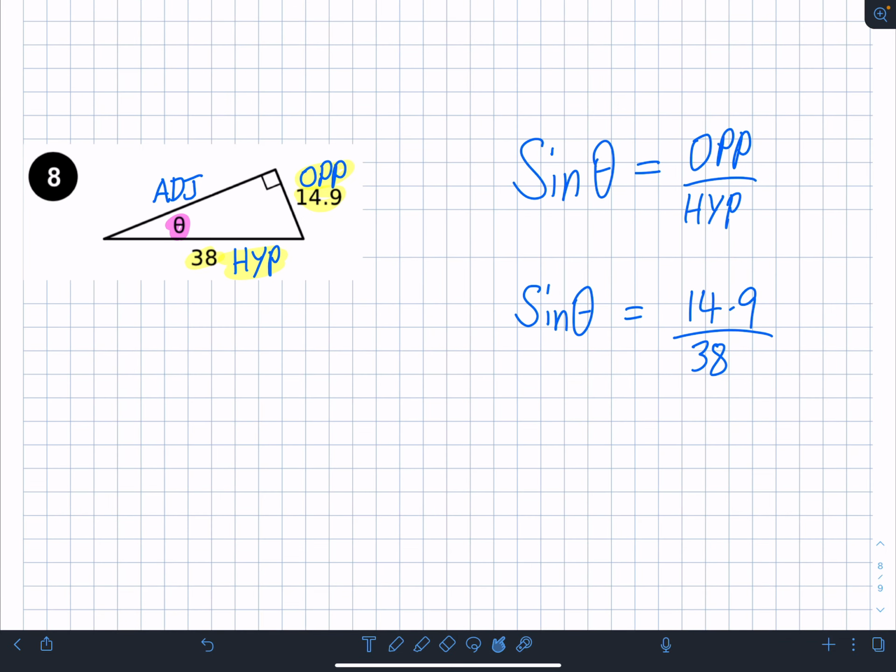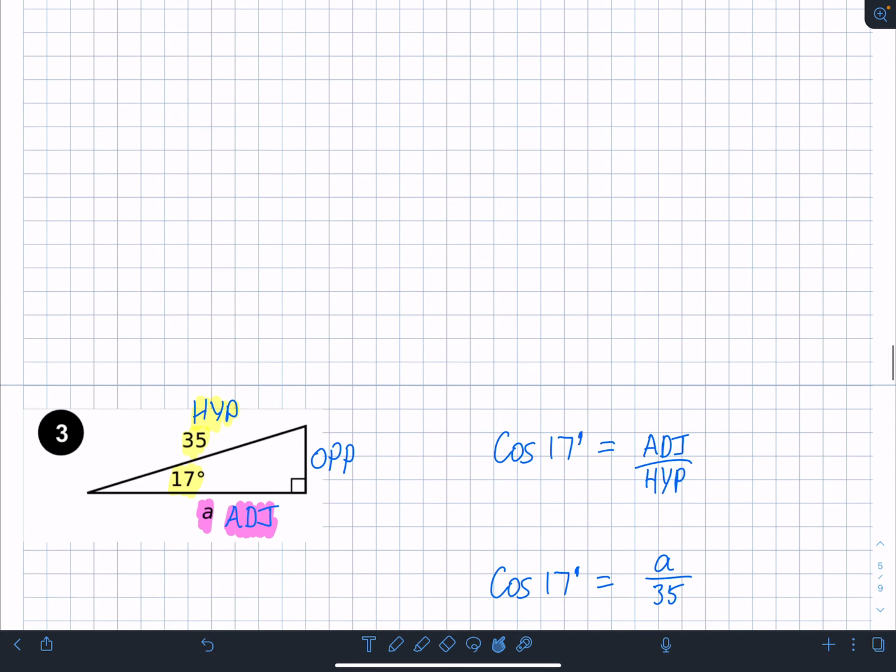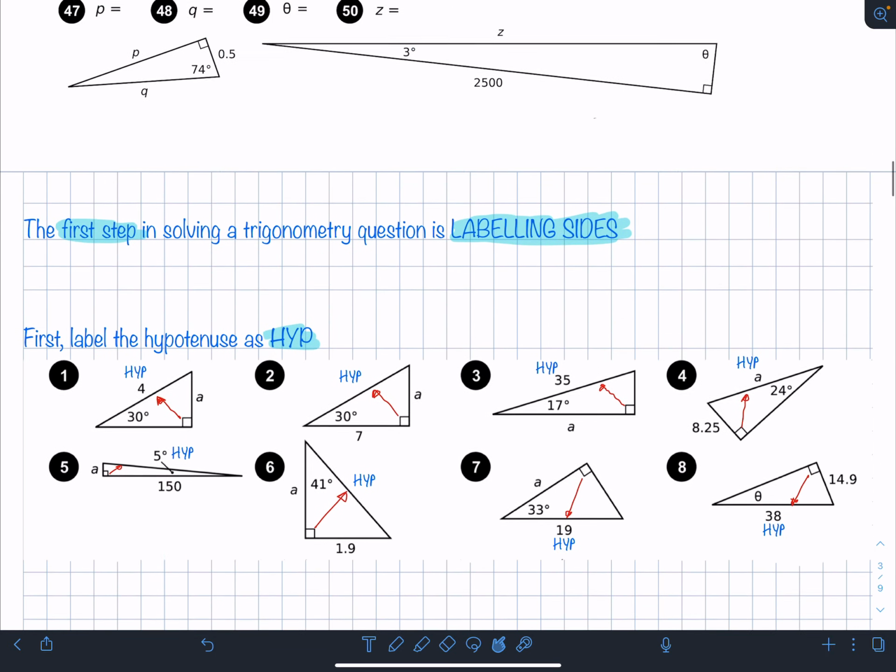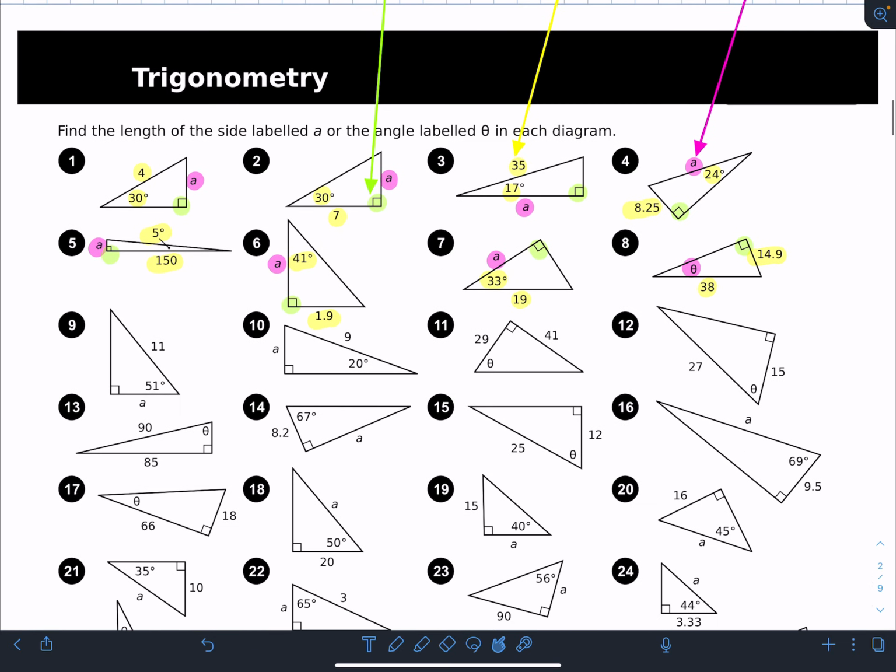So just to recap, with trigonometry, how do you know when you've got trigonometry? Well, you have a right angled triangle, shown in green. You'll have two knowns, shown in yellow, and one unknown, shown in pink.